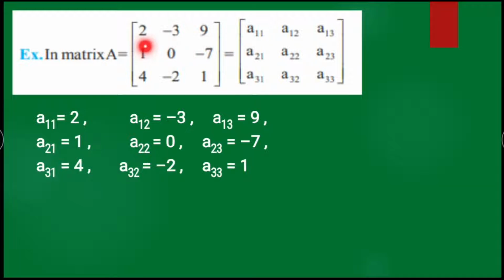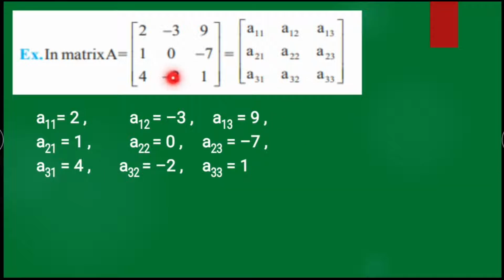So we denote this as A11 equals 2. We denote this minus 3 as A12 because minus 3 lies in the first row and second column. So we write A12 equals minus 3, and this 9, which is in the first row and third column, we write A13 equals 9.